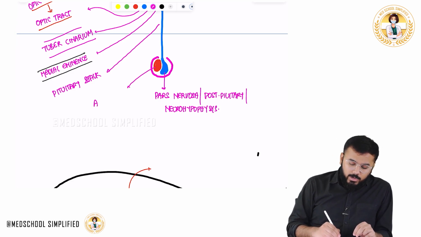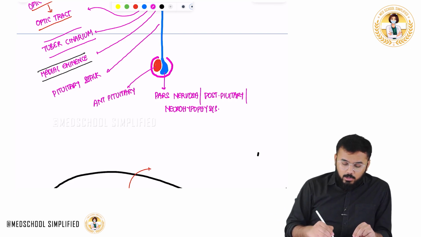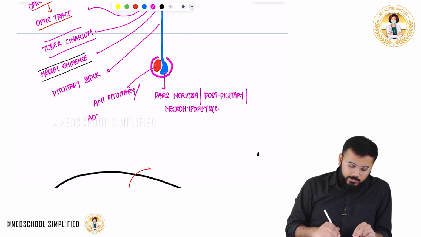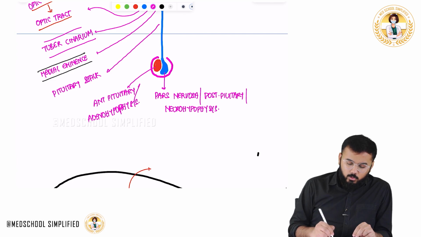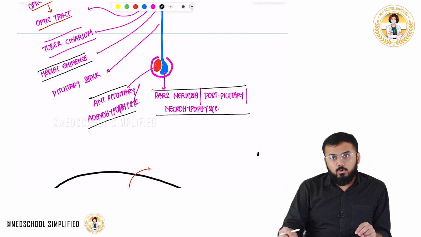The next one is called your anterior pituitary, or you can call it the adenohypophysis. So we have two important pituitaries: one is the anterior pituitary and the other is the posterior pituitary, or the neurohypophysis.